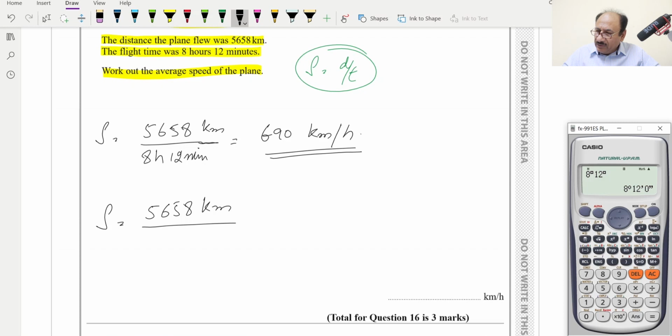Now we will be pressing this SD button, which is for decimal conversion. So this one again decimal, same button, so this will be giving you 8.2.